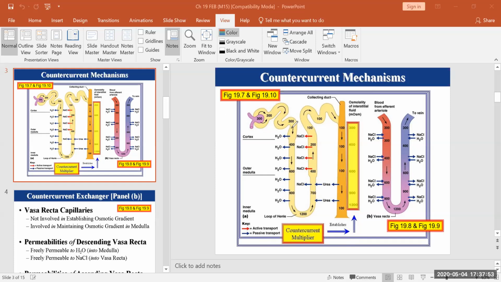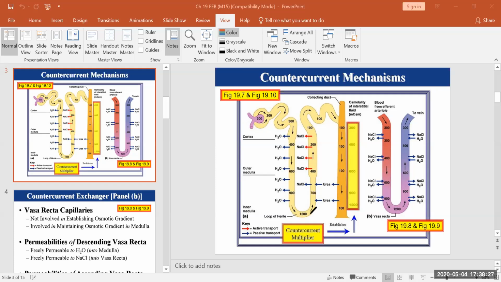So you have here the loop of Henle. And what we're talking about here is the long loop of Henle. This is the loop of Henle belonging to the juxtamedullary nephron, right? This loop of Henle dips down through the entire thickness of the renal medulla inside the renal pyramid, right? So the entire renal pyramid is located in the renal medulla.